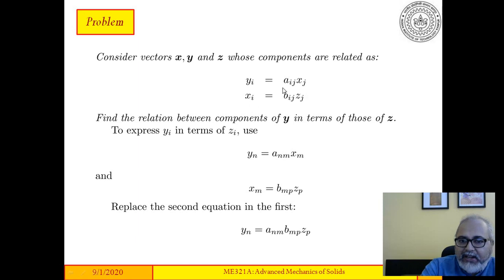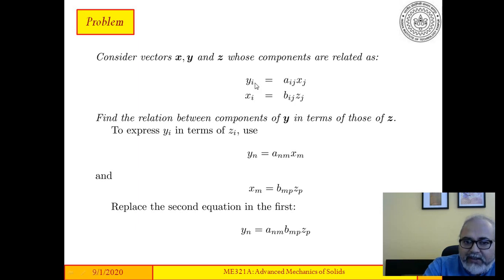We have to eliminate x from these two equations, and of course by now you understand that yi equal to aijxj actually hides 3 equations, each with 3 terms. So I am in this case assuming that i and j go from 1 to 3.